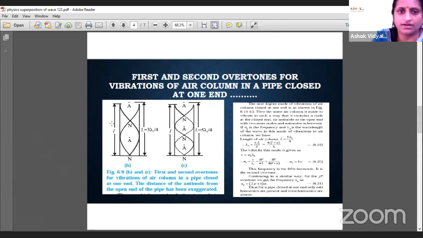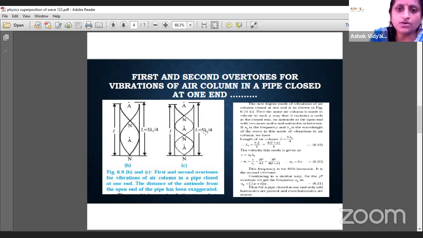Now the next point. See here. Now the next mode of vibration of the air column. See here, two loops are formed. A is the antinode and N is the node, where at an antinode the vibration of the particles is maximum, and at nodes the particles are at rest.